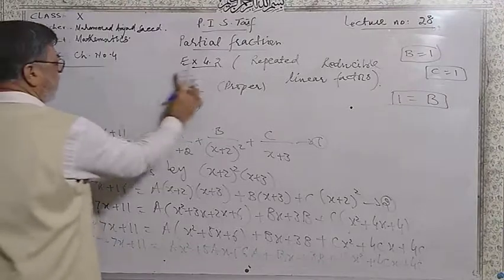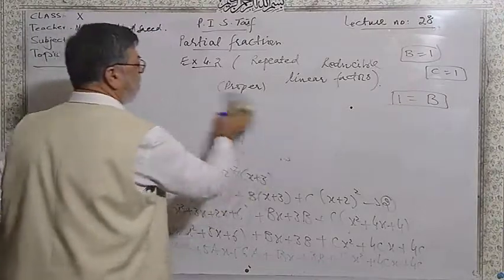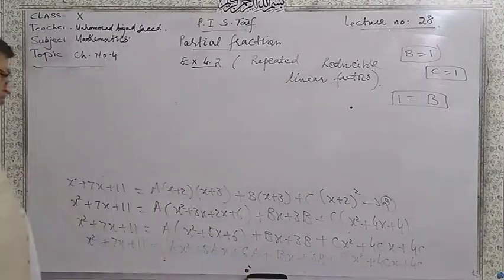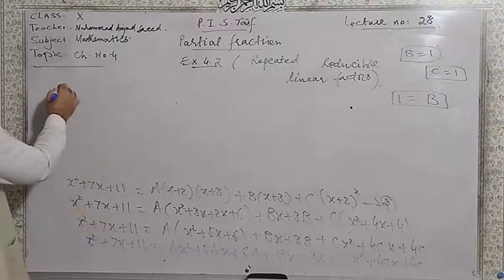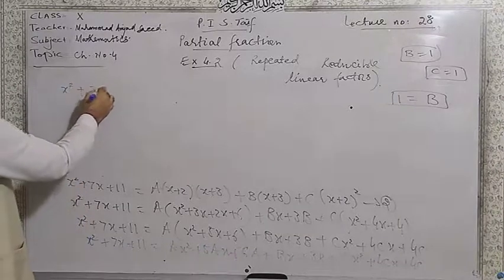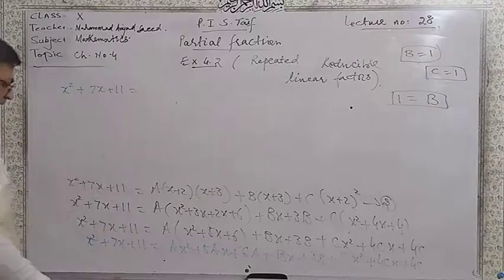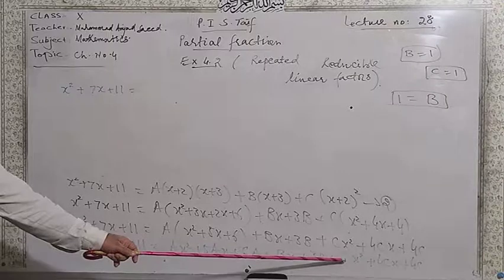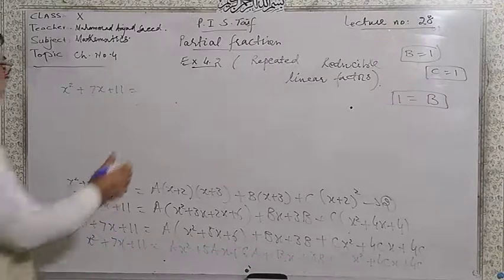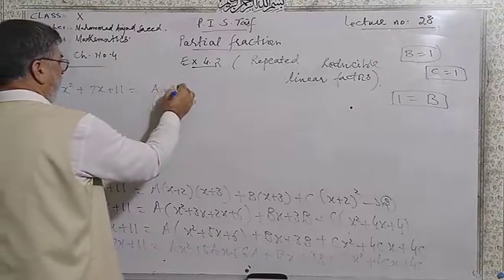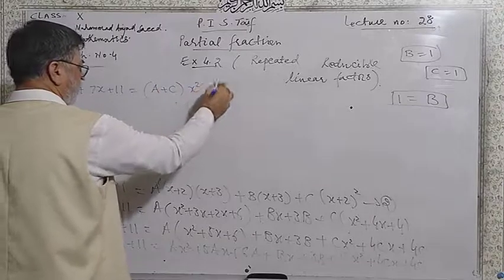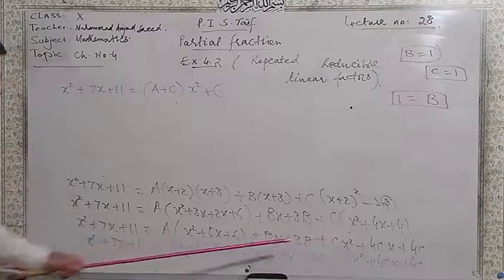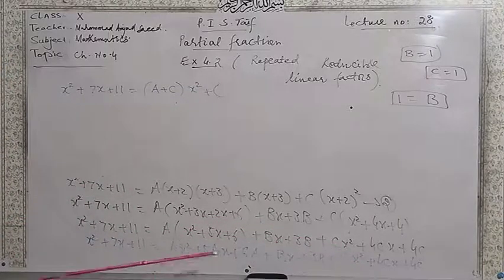Here we will collect the terms with like powers. x square plus 7x plus 11 is equal to, this is ax square and that is plus cx square. We can write a plus c into x square. We have taken x square common from here.